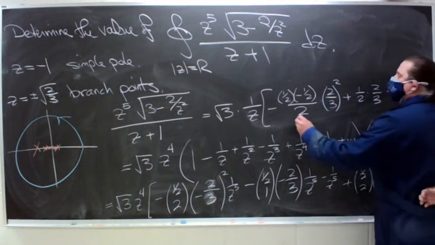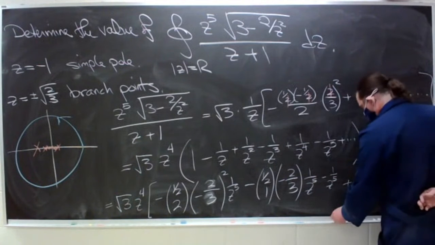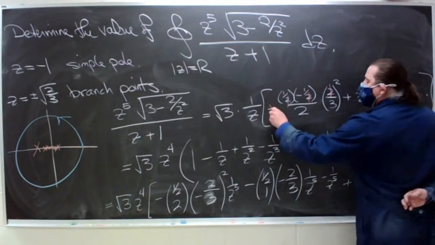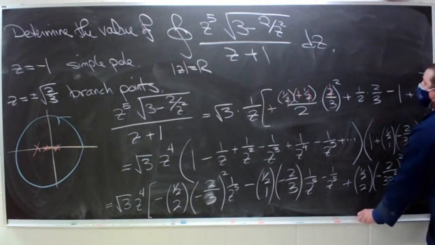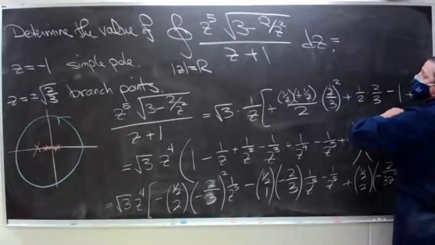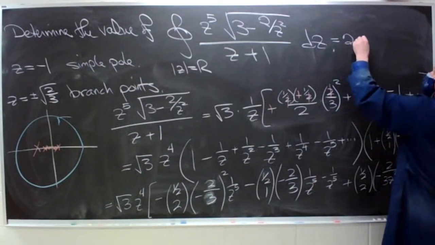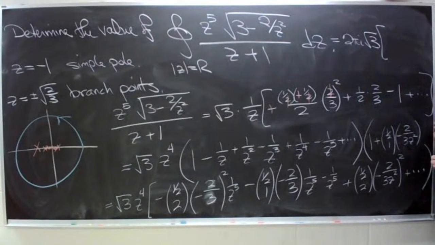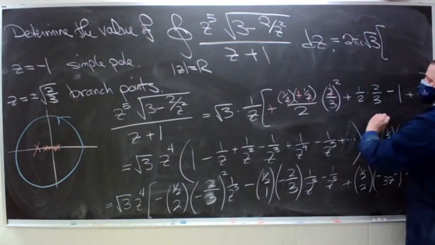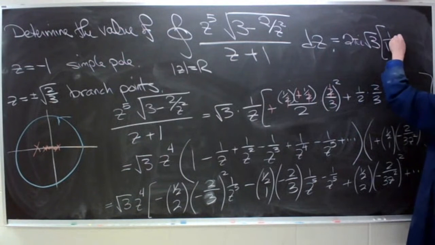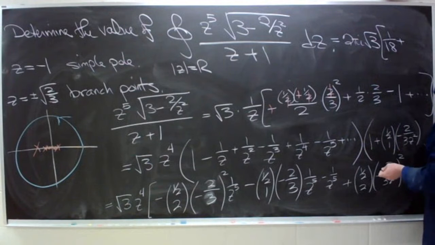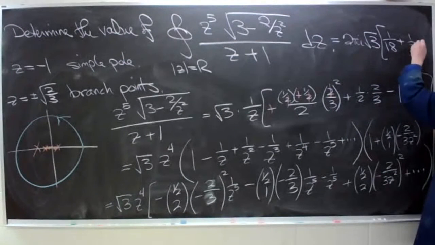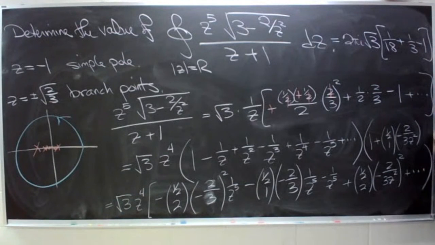All right, let's see what we got. It's going to be 2 pi i square root of 3 times 1/18 plus 1/3 minus 1. All right?